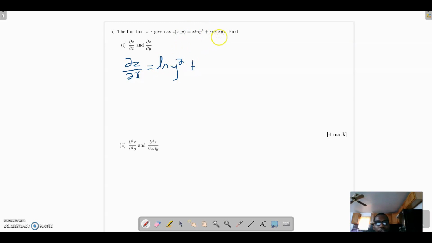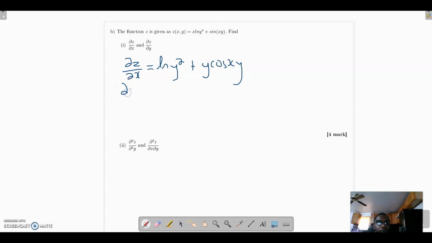Similarly, you're going to be thinking of the y here as a constant. And what happens when you differentiate sine xy? We're going to differentiate the xy. When I differentiate x, I'm going to be left with a y. So that whatever the derivative is, it comes to the front. So you're going to have the y here. And of course, the differential of sine is cos. So you have cos xy.